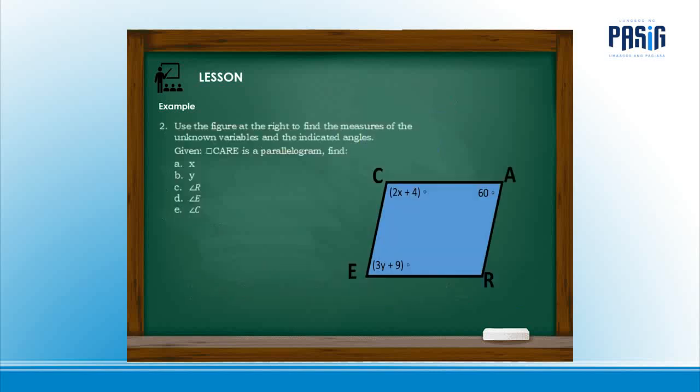Number 2 example. Use the figure at the right to find the measures of the unknown variables and the indicated angles. Given, quadrilateral CARE is a parallelogram in which angle C is equal to the quantity of 2x plus 4 degrees, angle A is equal to 60 degrees, and angle E is equal to the quantity of 3y plus 9 degrees.